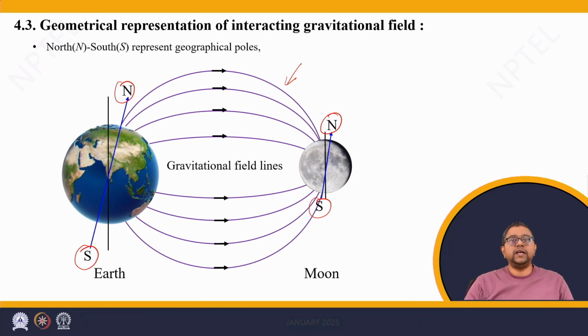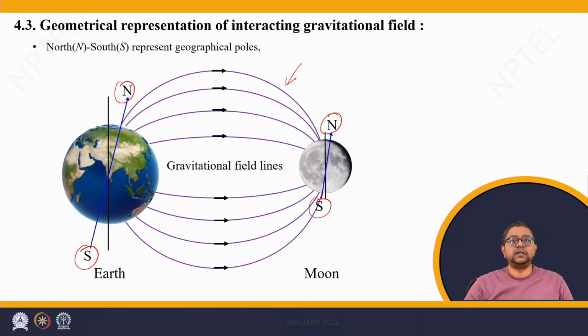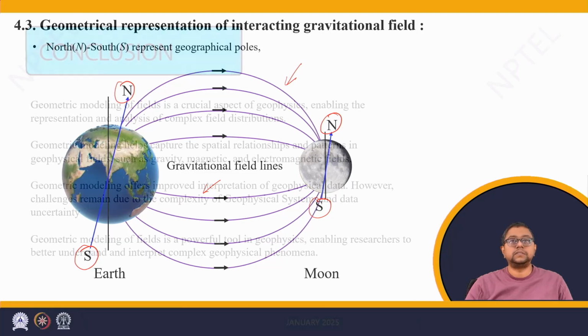Thus, the interaction distorts the individual gravitational field, which is radial in direction, such as this, and converts it to elliptic field lines. So this change in the gravitational field can be represented very appropriately using field lines, which otherwise would make it very hard to understand just by the virtue of equations or mathematical expressions.